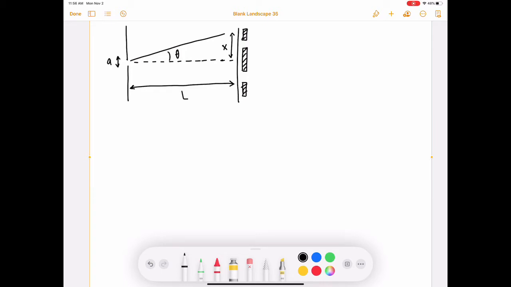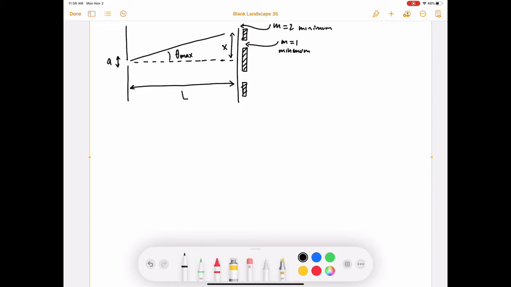Now, to understand how to find the angle theta, let's call it theta max because it takes us to the maximum. We have to understand that that maximum is exactly halfway in between two minima. So here is the m equals 1 minimum, and on the other side is the m equals 2 minimum.